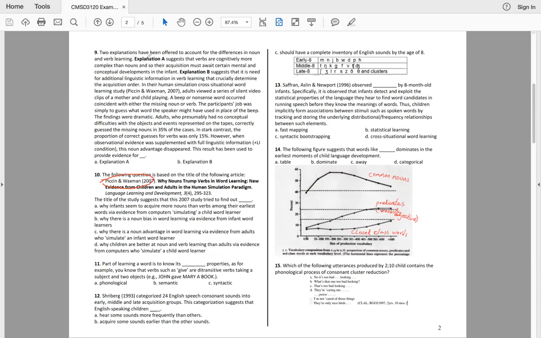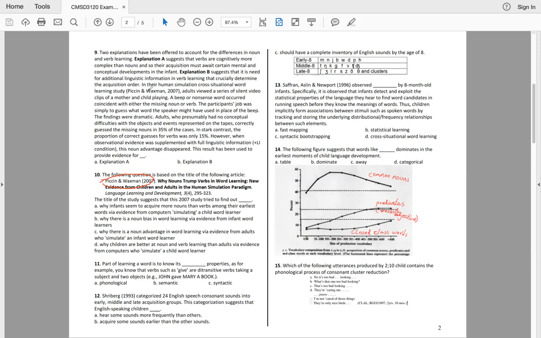So it talks about two explanations for the so-called noun bias. Explanation A is a conceptual explanation, and explanation B is the linguistic explanation. Basically, explanation B suggests that verb learning involves more than noun learning. So for noun learning, observation is sufficient, but for verb learning, children need additional linguistic information.